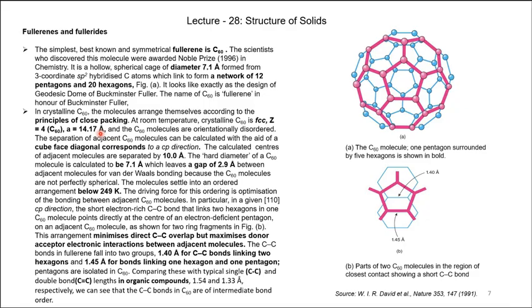So that is a very hard molecule, and as I said, in the cubic phase the diagonal corresponds to a closed pack direction, and we can calculate the adjacent molecule separation, which is I think 10.0 angstrom. You see, this carbon-carbon distance is 1.4, and this carbon-carbon distance is 1.45. So the contact is short, like the carbon-carbon bond.